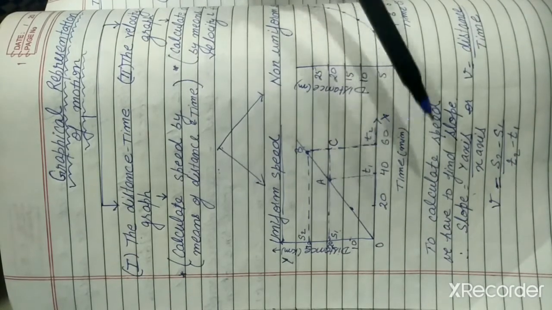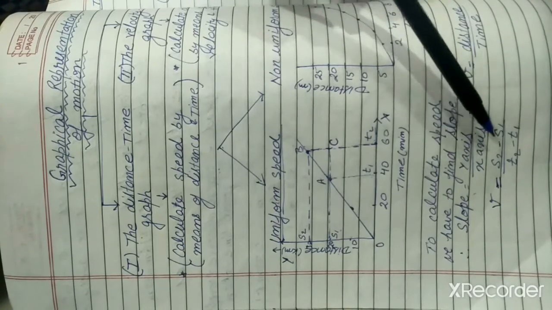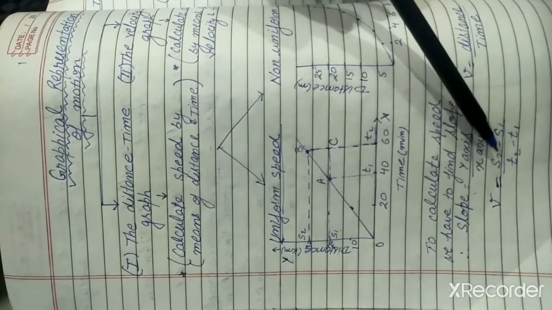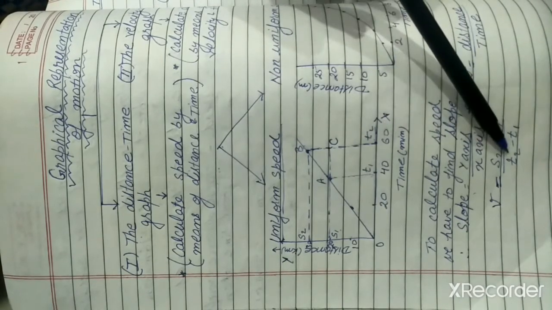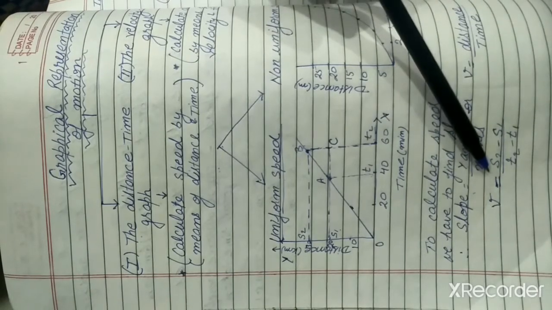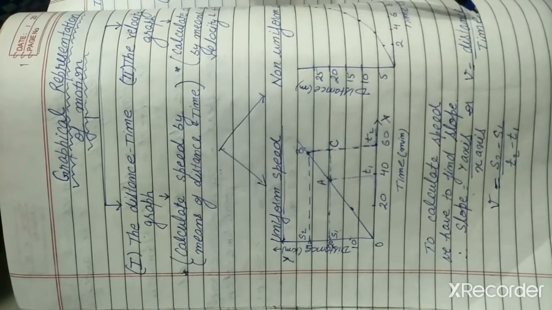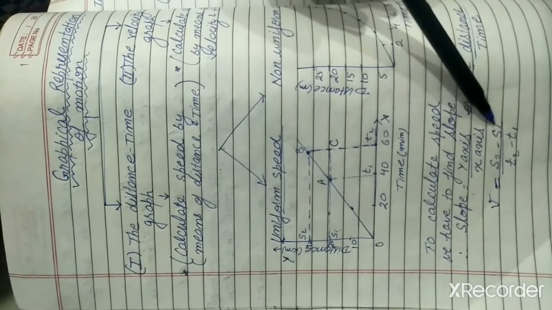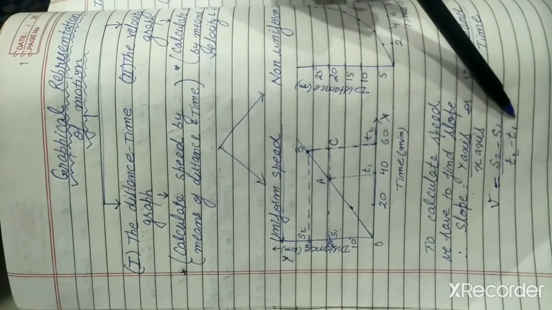So according to the formula, slope equals y-axis upon x-axis, where y-axis is S2 minus S1 and x-axis is T2 minus T1. So in this way we can calculate the speed: speed equals distance upon time, that is S2 minus S1 upon T2 minus T1.